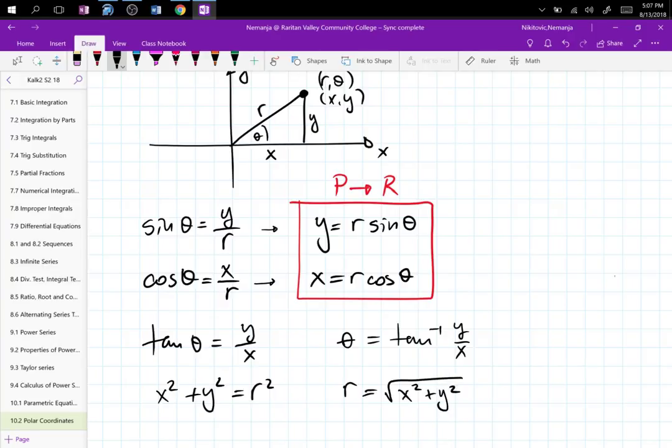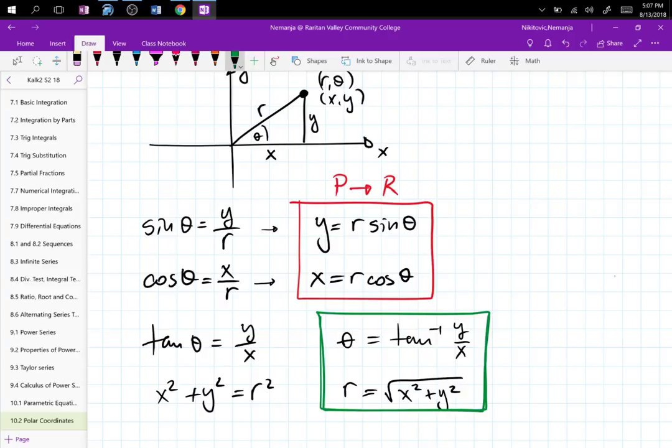Now you might be tempted to say positive or negative square root, but radius is never negative, it's length, right? So we have a second set of equations, and that set is rectangular into polar, because you have to have both x and y, right? And each equation will give you one of the polar back.